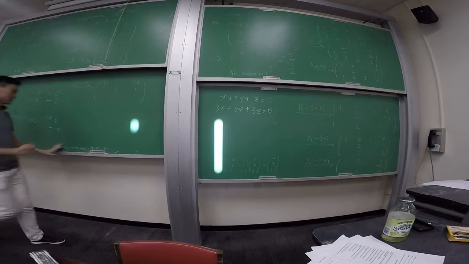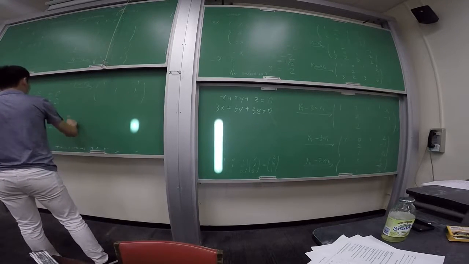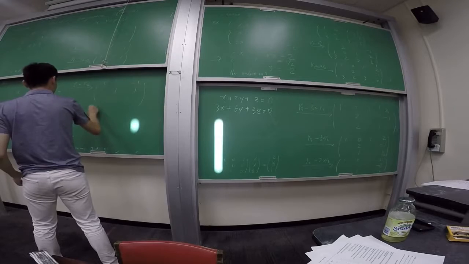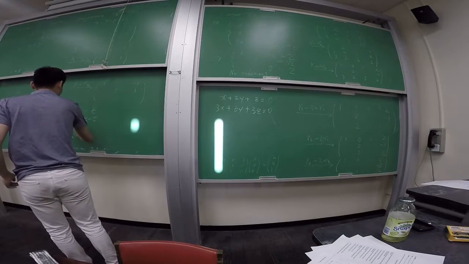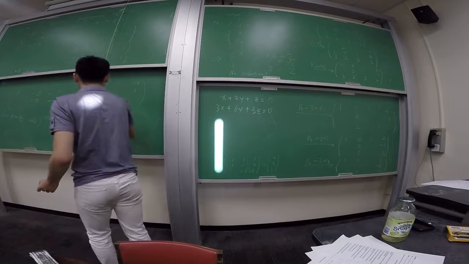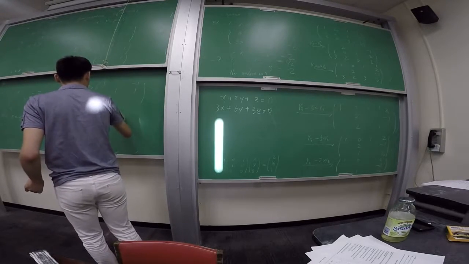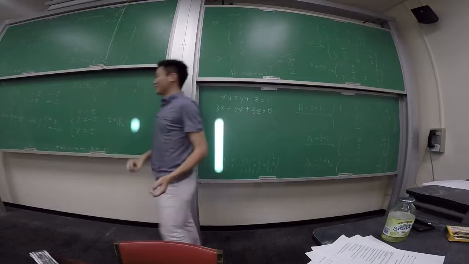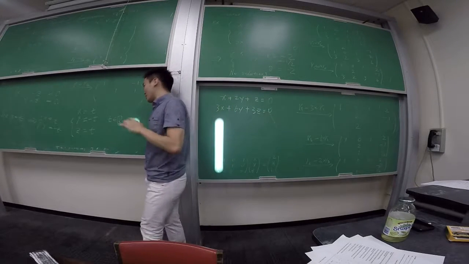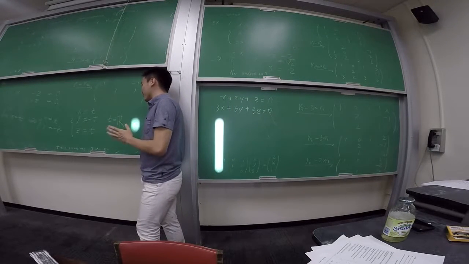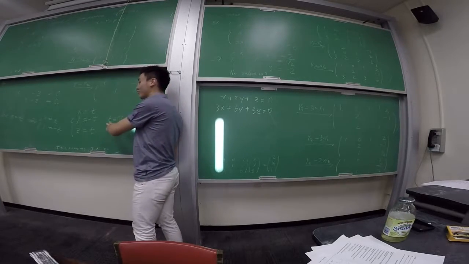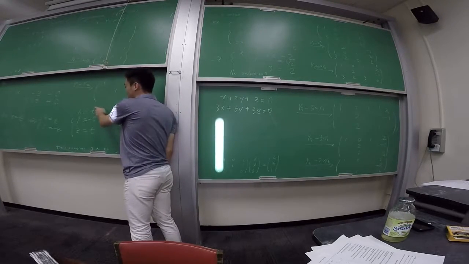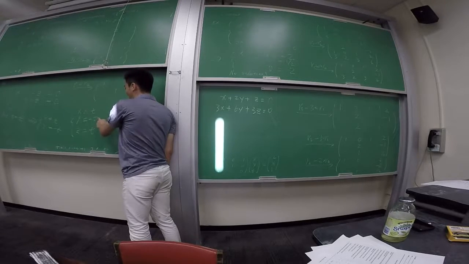So basically, all the solutions for this homogeneous equations is that x is equal to t, y is equal to negative t, and z is equal to t, where t could be all the real numbers. So that means whenever you give me a number for t, I can just plug t into all of that, right?